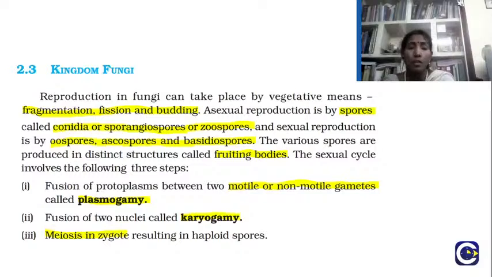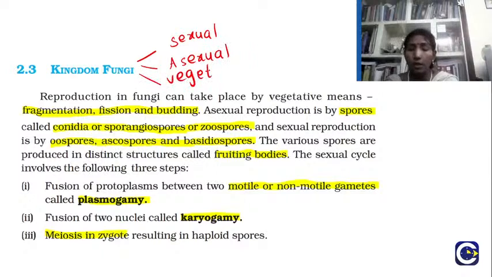Okay. So reproduction in fungi can be of three types: sexual, asexual, and vegetative.